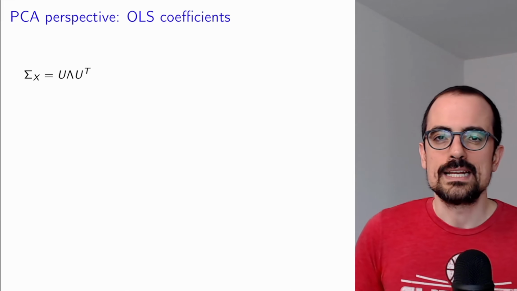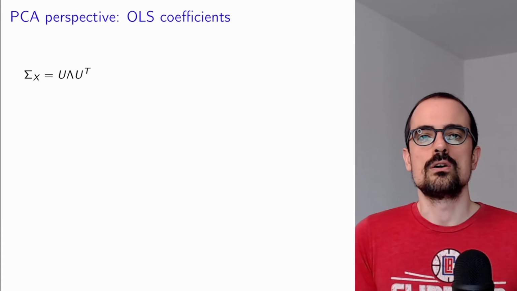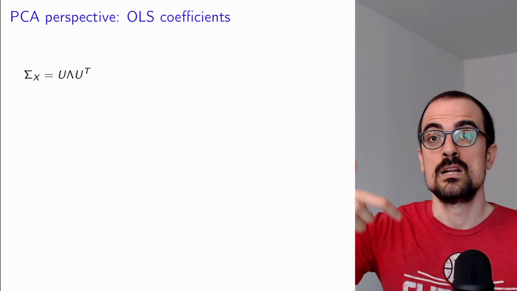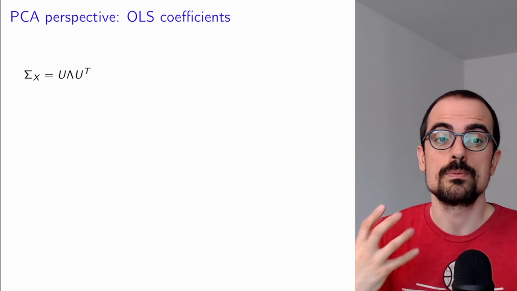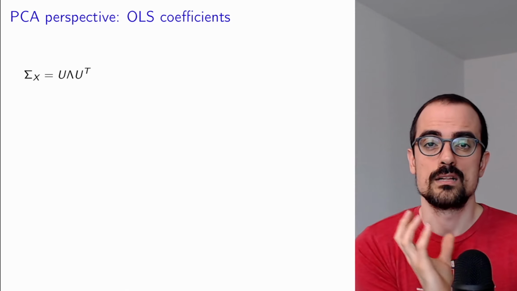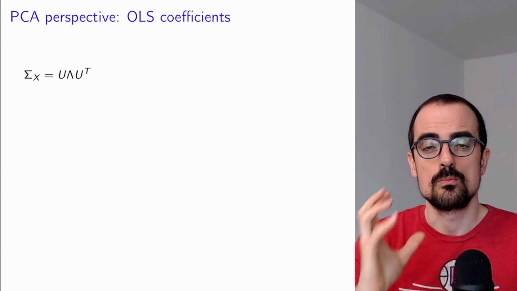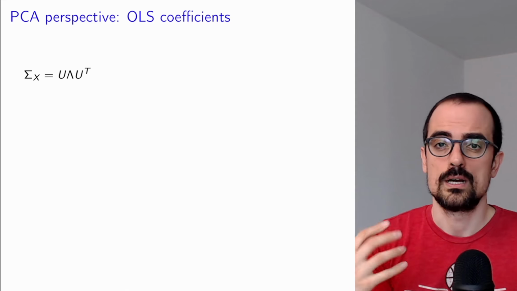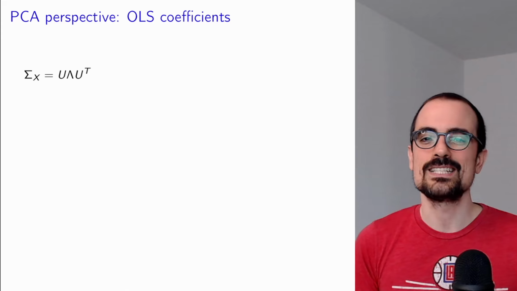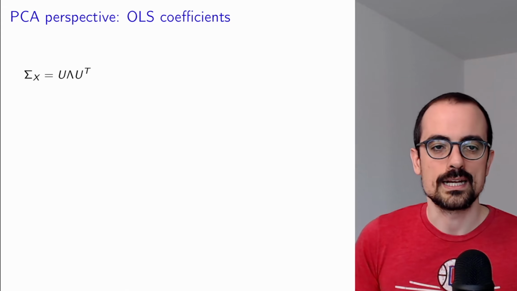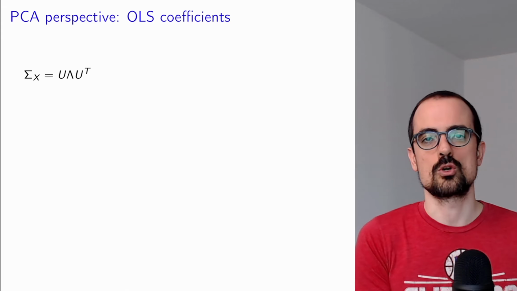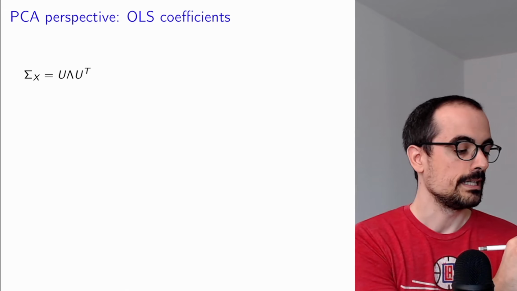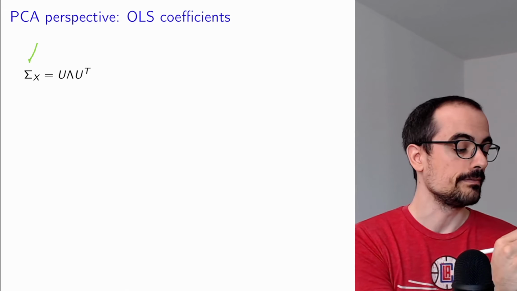Now, in order to gain a little more understanding of how both ordinary least squares and ridge regression operate, we're going to remind ourselves of the principal component analysis perspective on the features. If you don't remember principal component analysis, we have a whole video about that. Go take a look. What we do in principal component analysis is we take an eigendecomposition of the, in this case, sample covariance matrix of the features.